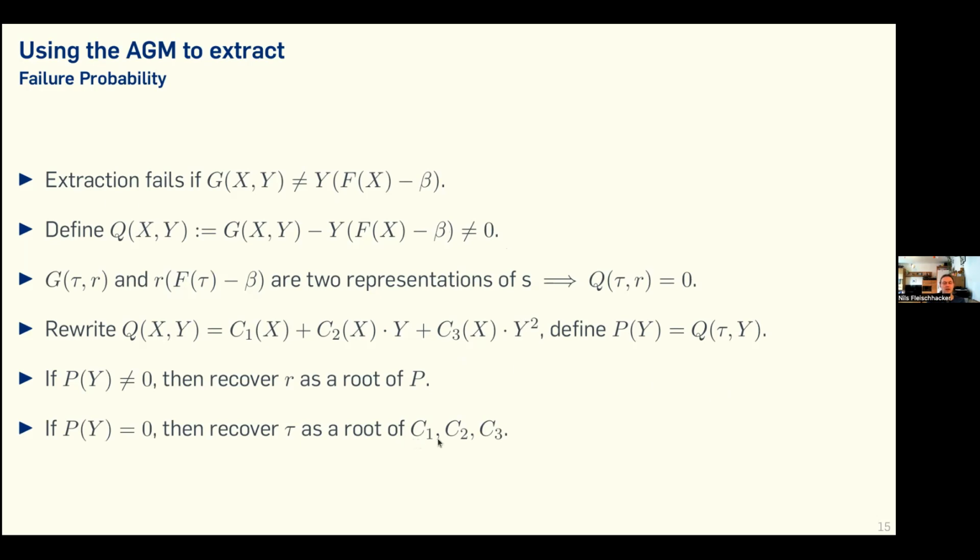So that means we have at least one non-zero polynomial here with a root at tau, which means we can again recover tau by finding the roots of one of these polynomials. And then we can do a second reduction to the q-DLOG assumption, where we embed our challenge, this time in tau, and recover tau from these roots, which means that also the probability that this case occurs must be negligible.